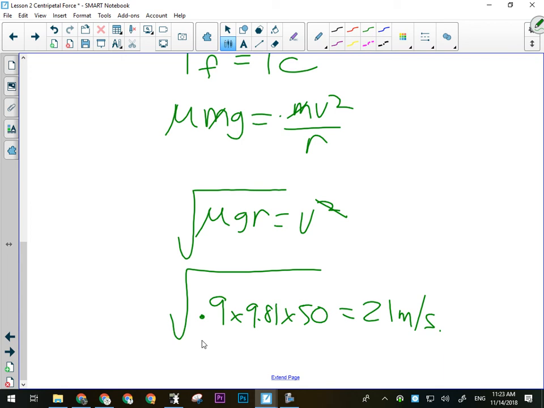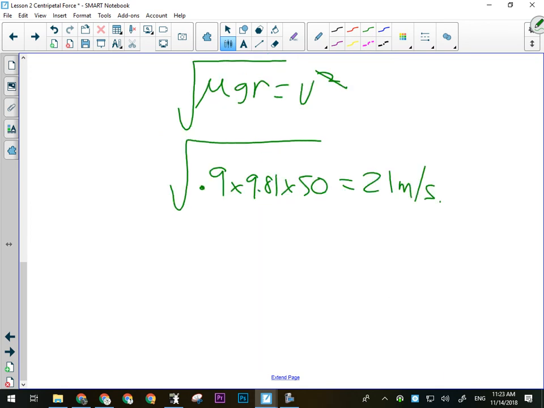In the icy conditions, I have 1/9 as much friction. So my speed will be how much of this number? Not 1/9, because I'm square rooting it. It's 1/3, because the square root of 1/9 is 1/3. So it's still not a linear relationship.